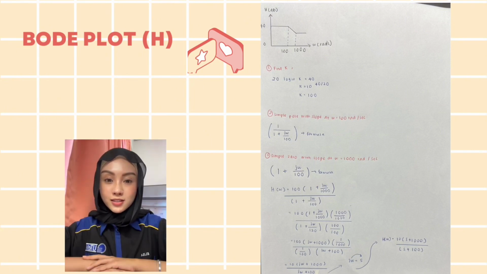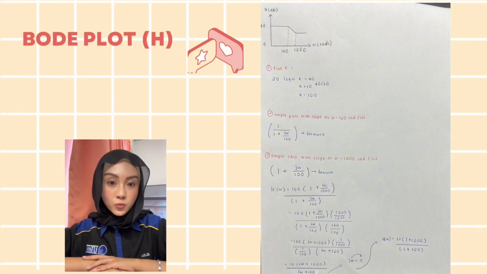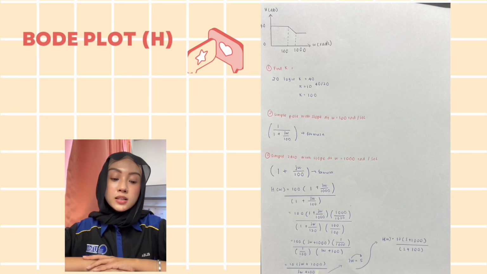And the graph is decreasing, which means there is a simple pole at the frequency. Next, as you can see, the straight line is increasing at 1000, which means there is a 20 dB slope from the point. This indicates we can use a simple zero at 1000.